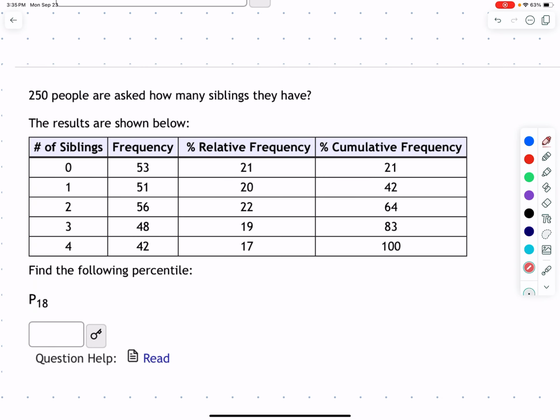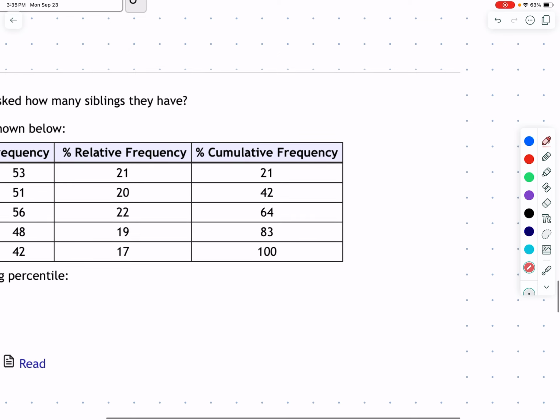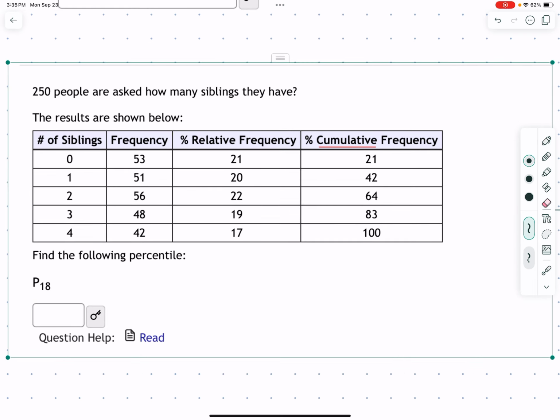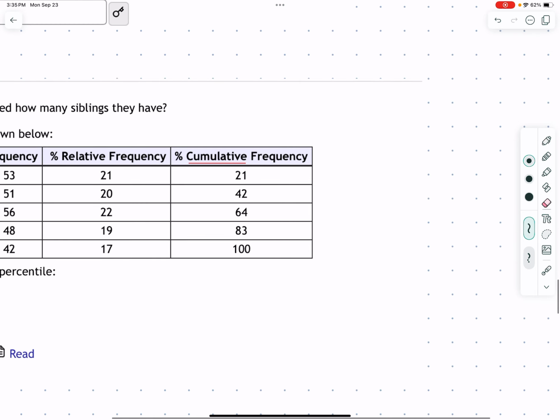Okay, so these tables are ridiculously helpful when it comes to finding percentiles, if you know how to read them. What you need to know, because of this cumulative frequency idea, is that this first row actually covers, it's not just 21%, it contains 0 to 21% of the data.